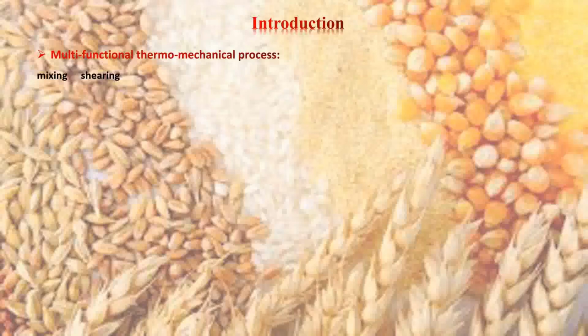Now this shearing phenomenon, as you can understand if you go back to the basics of fluid mechanics or physics, is the stress versus strain ratio, known as shearing stress and shearing strain.